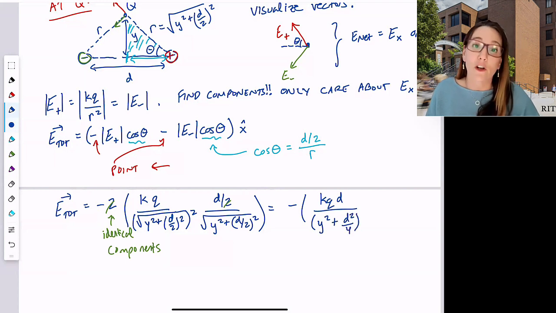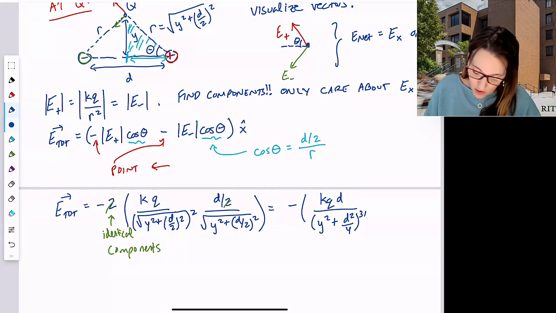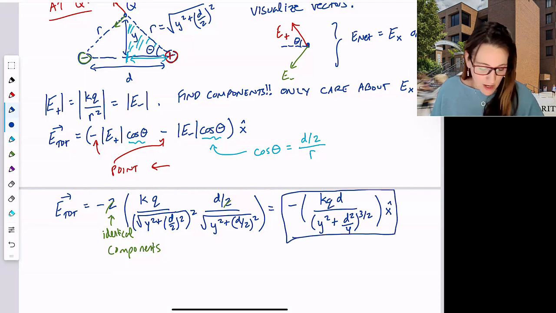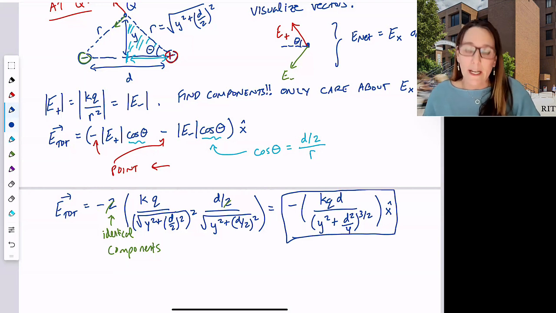I've just worked out the d over 2 quantity squared, all to the 3/2 power. And that direction is in the negative x direction here. So we end up with this as our total electric field at point P.